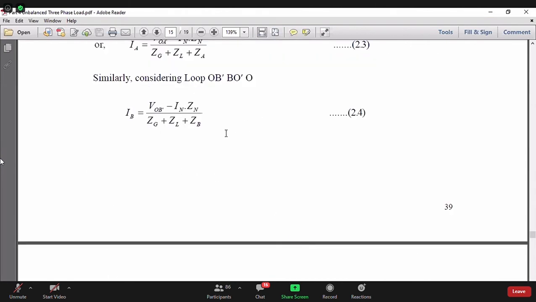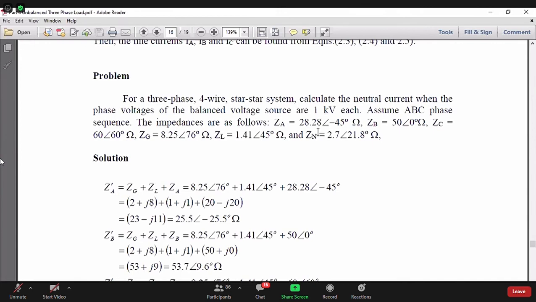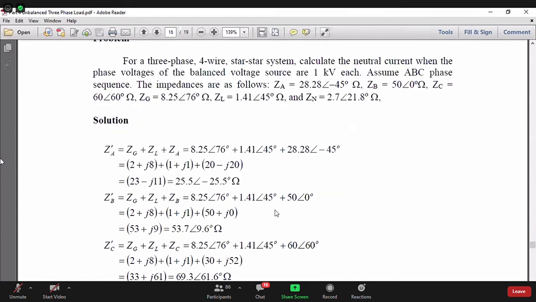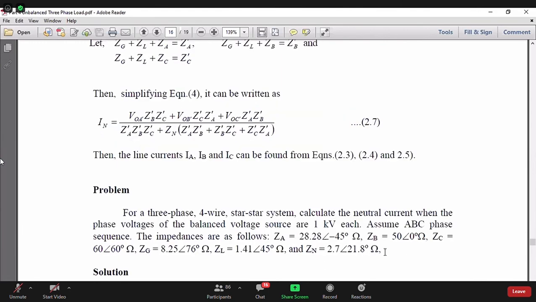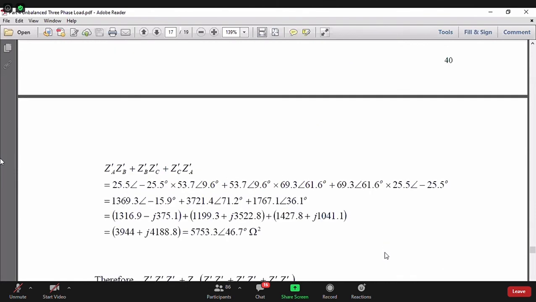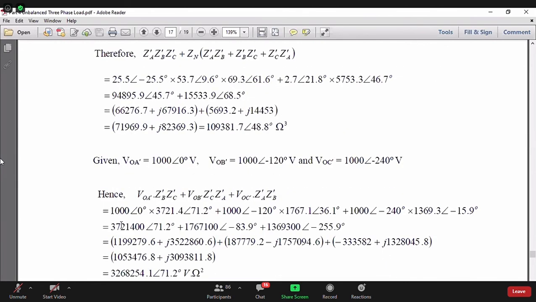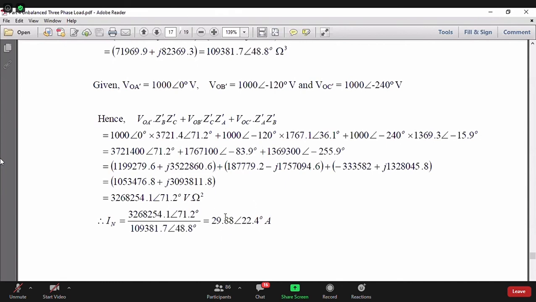Then ZL is the line impedance, ZN is the neutral impedance. All impedances are given. Line voltage is given, phase sequence is given. So you calculate all these parameters of this equation, given these values. Well, it will take time, but you can do it. And then we put all of that and we calculate the neutral current. The first thing we calculate is the neutral current.